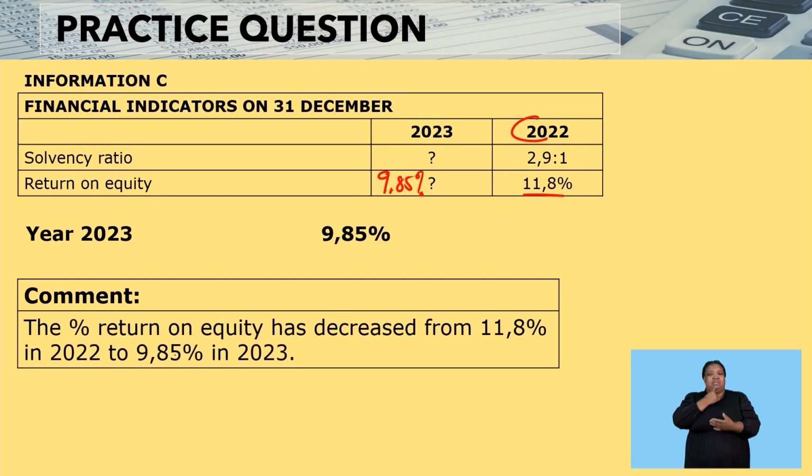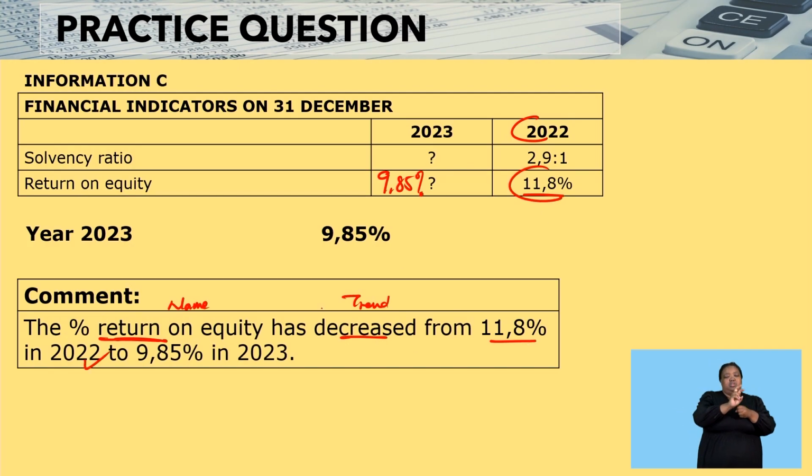We say the percentage return on owner's equity, you have to indicate the name of the financial indicator, has decreased. This is the trend. It has decreased from 11.8% in 2022 to 9.85% in 2023. That means we have calculated, we have compared, and we have commented.